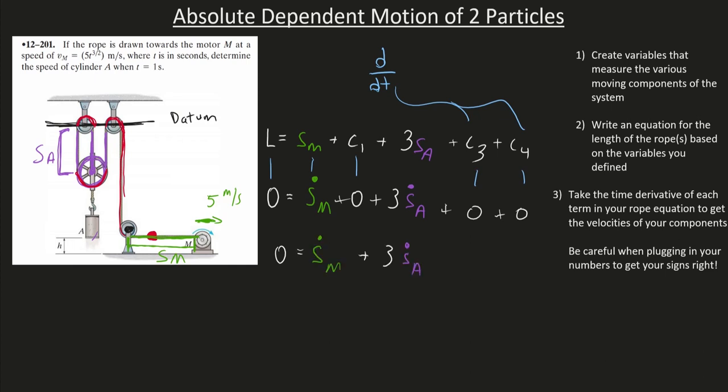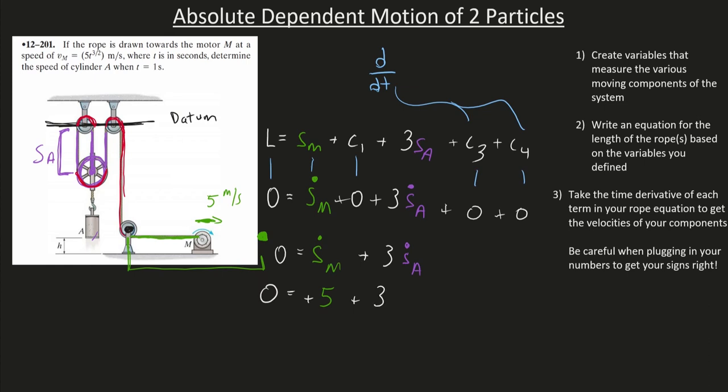Alright, time to put in the numbers. They tell me that this rope point is moving 5 to the right. I know that that means that this point is going to the right like this, which means my SM variable is going to be increasing with time, which means this is going to be a plus 5.